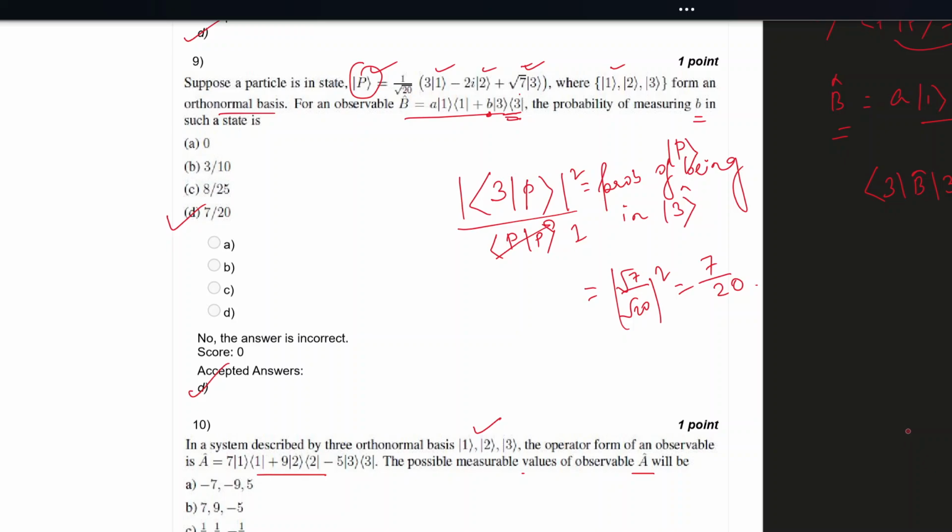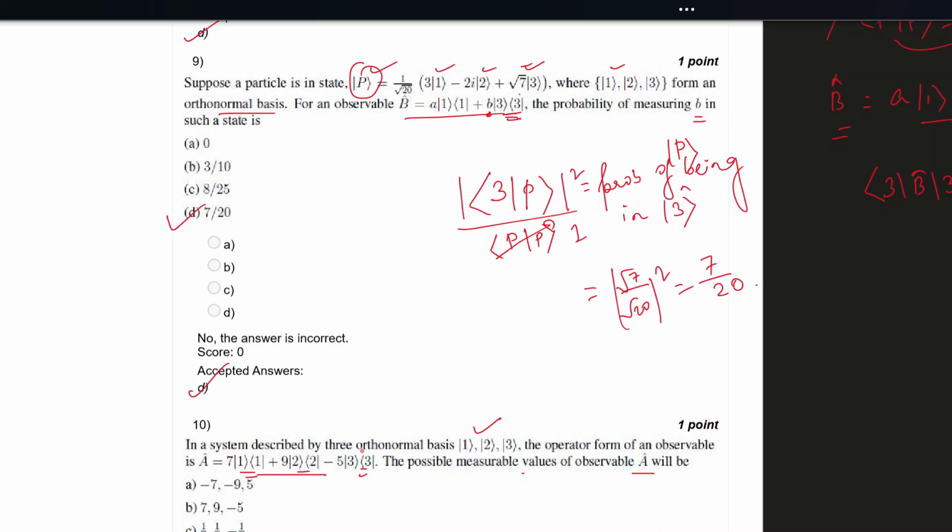so to get the possible measurable values of the observable A, the very simple answer is that you can see the observable has 3 parts: one in terms of projection operator 1, then 2 and then 3.